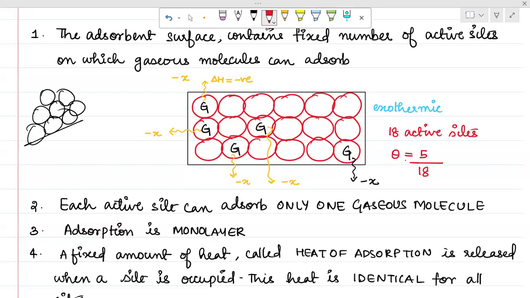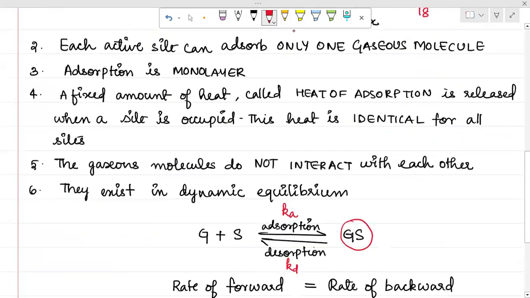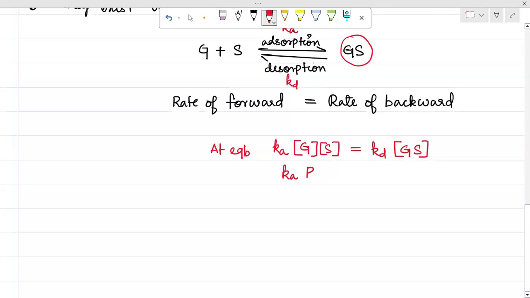Now, how many vacant S or how many vacant substrate active sites are present? 1, 2, 3, 4, 5, 6, 7, 8, 9, 10, 11, 12, 13. Or the way you can find it out is the vacant substrate is equal to 1 minus theta. Right? So over here, the substrate concentration can be written as 1 minus theta. This is equal to Kd, and GS can be written as the surface coverage, theta. Now, if I rearrange, I'll bring this Kd to this side.